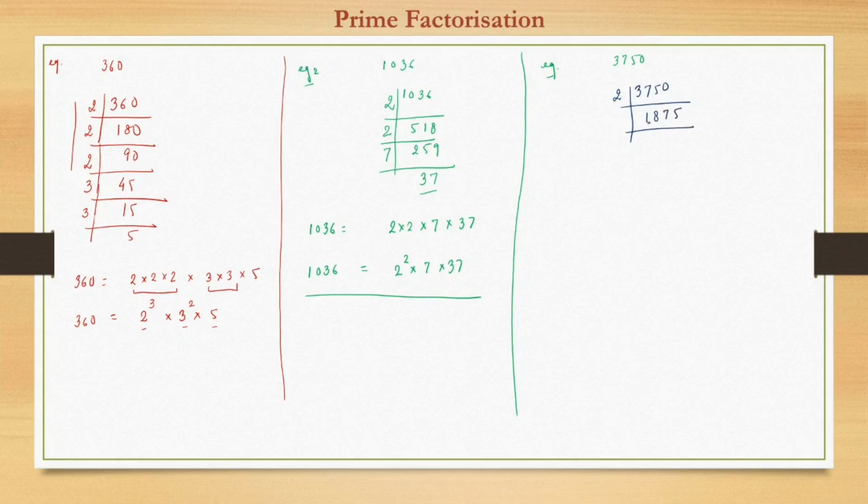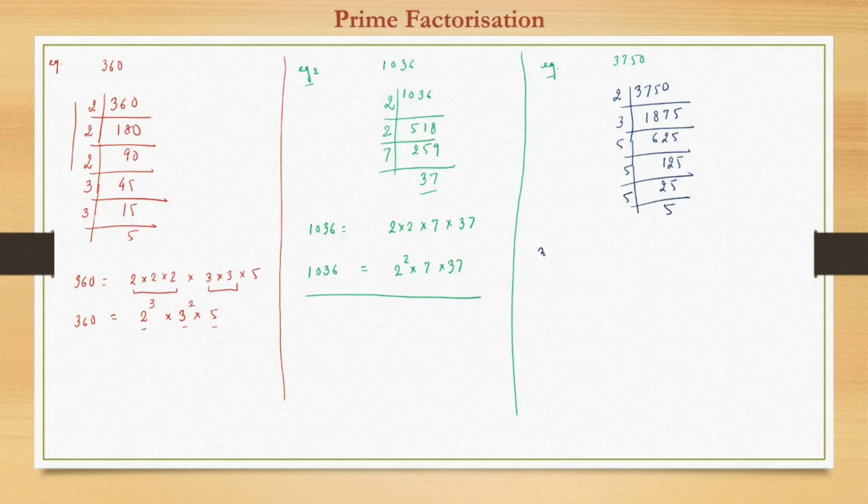Then again, it's not divisible by 2, but it is divisible by 3. Yeah, divisible by 3. Now it's divisible by 3 again, not possible. 5, it's divisible. 5, 125 times. Then again 125 is divisible by 5. Then 25 is further divisible by 5.